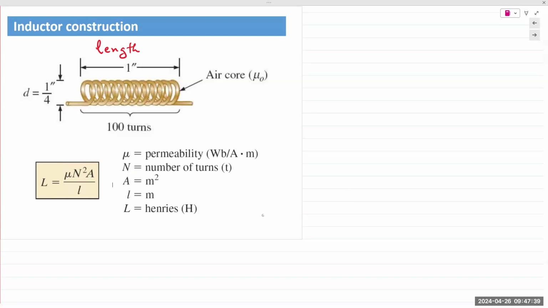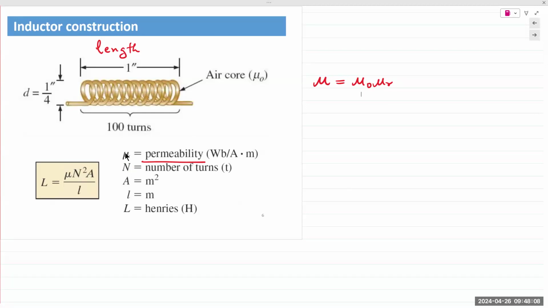And mu is the permeability, and that is given by mu0 times mu r. Mu0 is the absolute permeability. Mu r is the relative permeability of the core. In this illustration, there is no core.